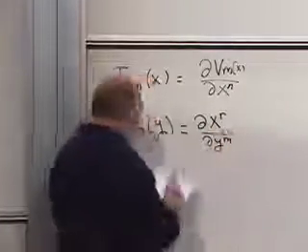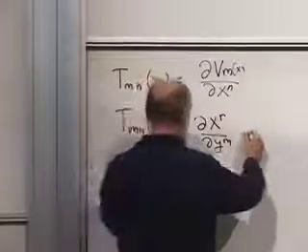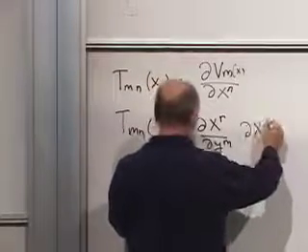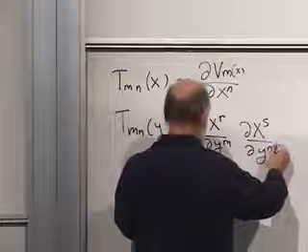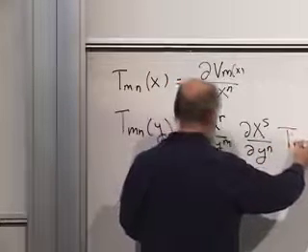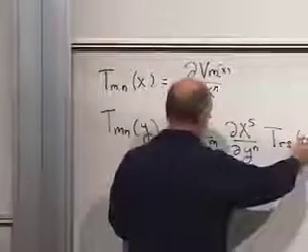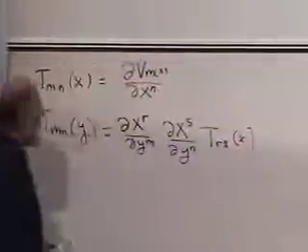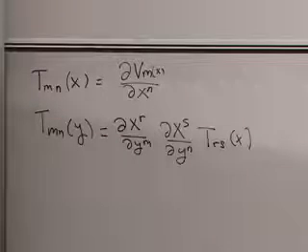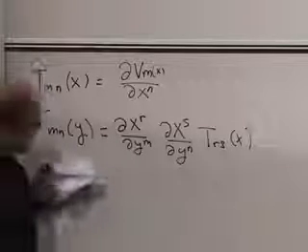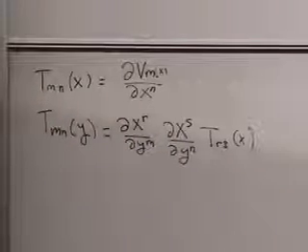This is under the assumption that it really does transform as a tensor in the y-coordinates. That's the assumption that Tmn is a tensor. And if you know it in the x-coordinates, then you can write it down immediately in the y-coordinates.